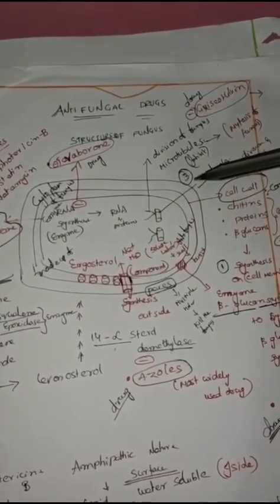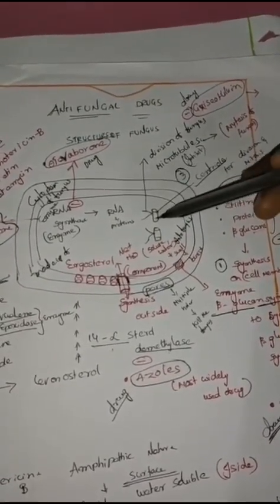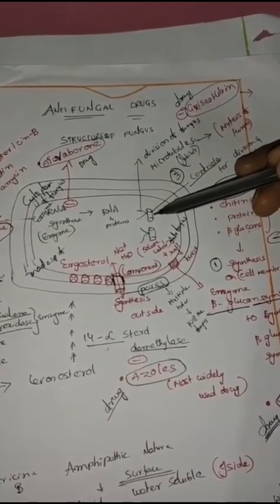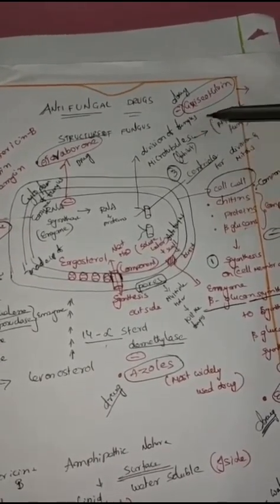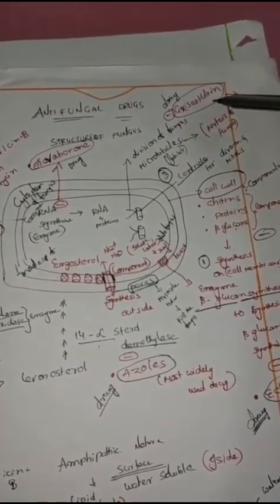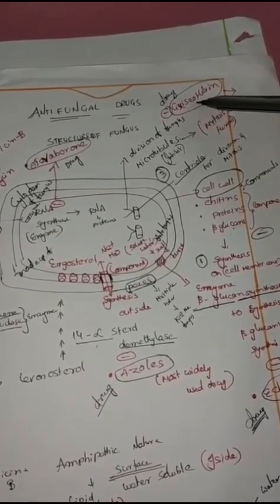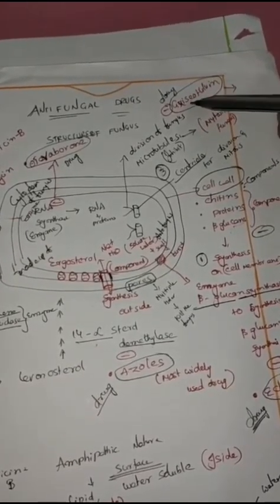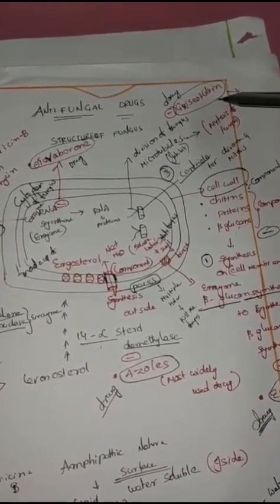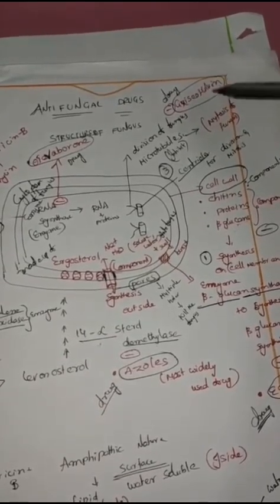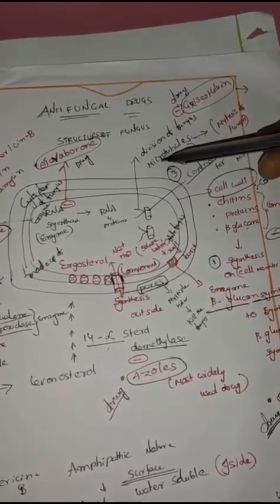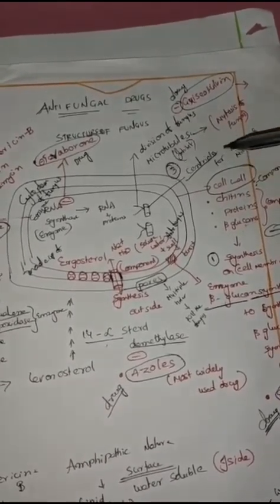And next, here we have one more drug of choice, that is griseofulvin. Griseofulvin is a drug administered to the patient in order to inhibit microtubule synthesis.